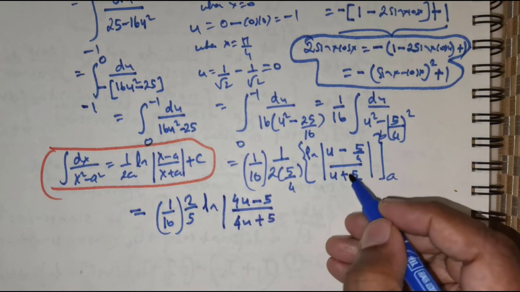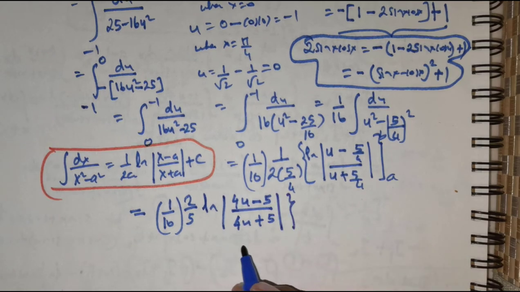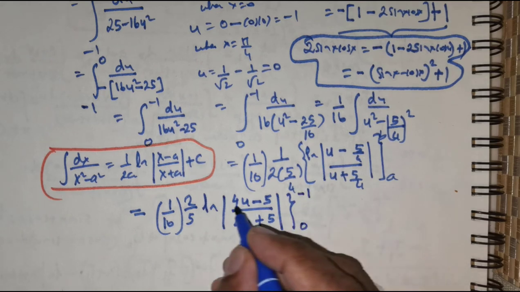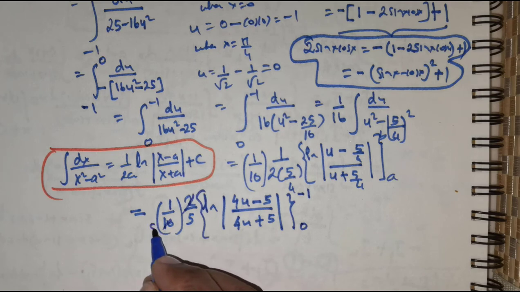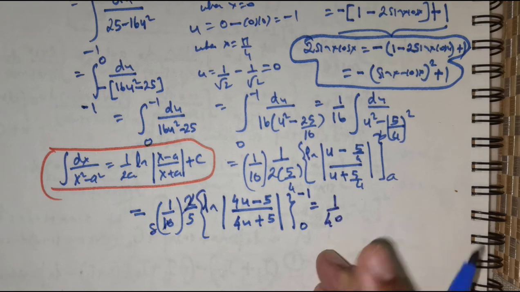Of course the 4 will get cancelled. So the limits are 0 to negative 1. These are the limits. Now 2 divides 16 8 times. 8 times 5 is 40. So this is going to be 1 over 40.